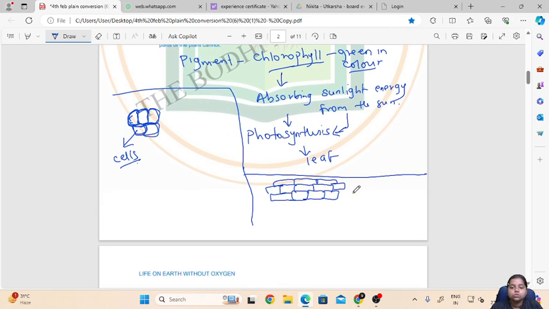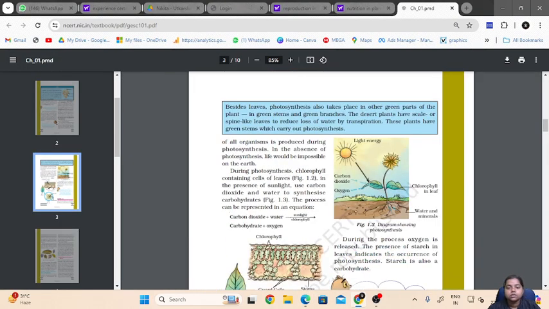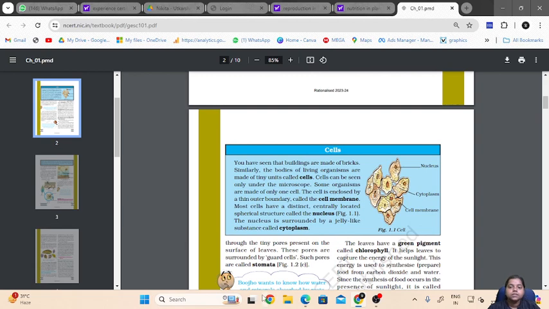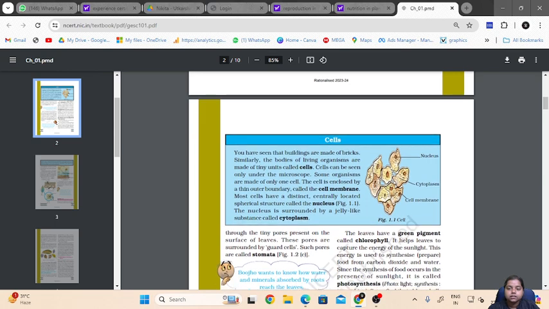So see here. This is a cell. These are the cells. The cells are surrounded by a thin boundary, and that thin boundary is called the cell membrane.